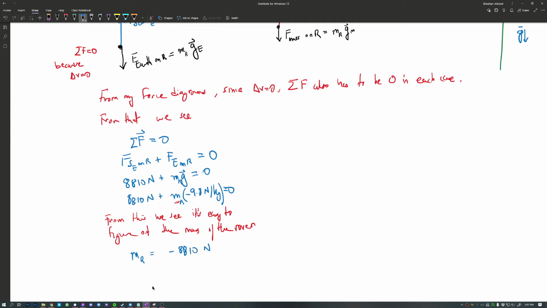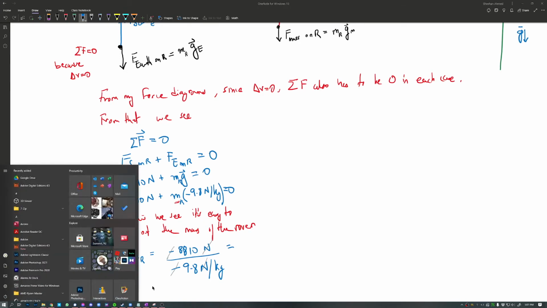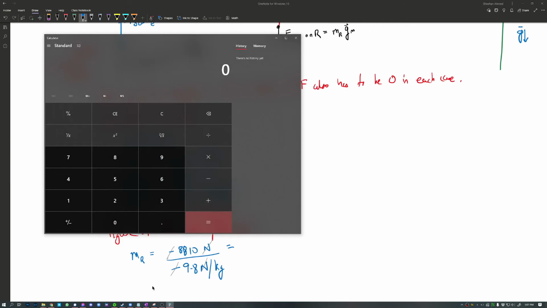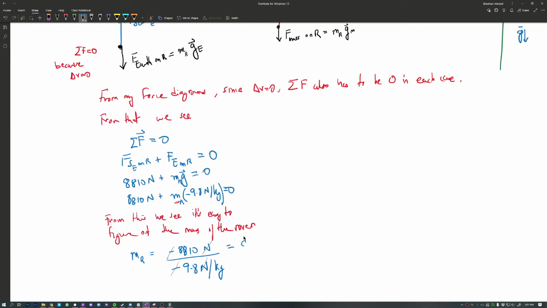I took the 8810 newtons to the right side. I'm doing a bit of algebra pretty fast here. Divided by minus 9.8 newtons per kilogram. Okay, let's see. The minuses cancel out, the newtons cancel out, there's a 1 over kilograms, and I get something that requires numbers to do, and I don't do numbers good. So let's see, calculator, 8810 divided by 9.8, 899.0, okay, 898.98.